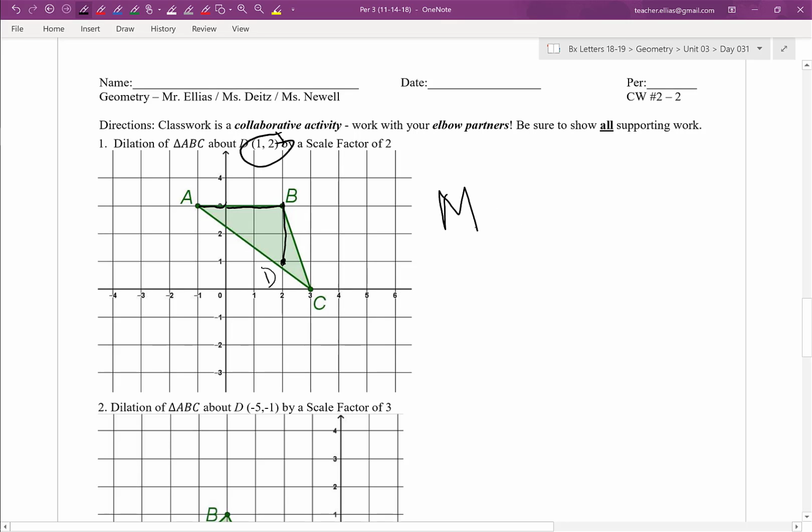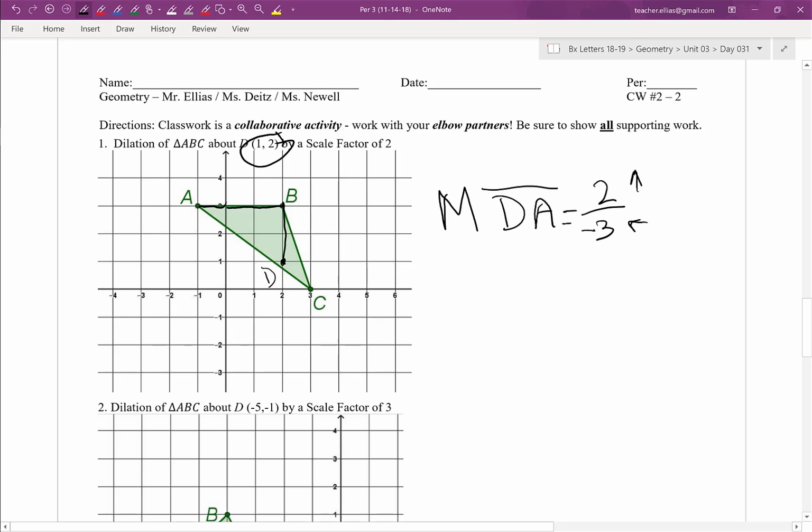The measure of DA is 2/3, to the arrows. It's negative, right? Yeah, so that's -3.